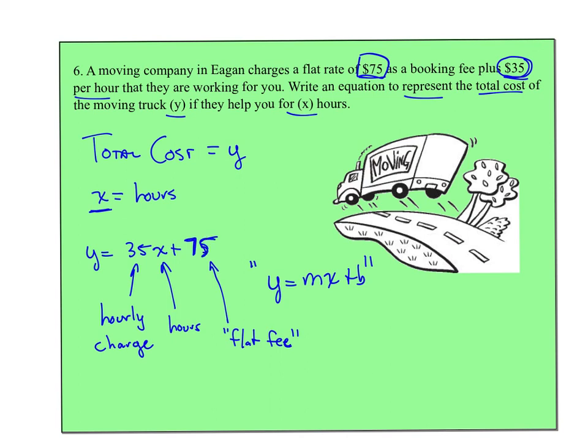A flat fee of XYZ dollars to come out just to get your name on the books. So, okay. So the idea is look at what can be manipulated and the charge for that, versus your y-intercept, which is often your flat fee. Okay, so that's kind of what that looks like.